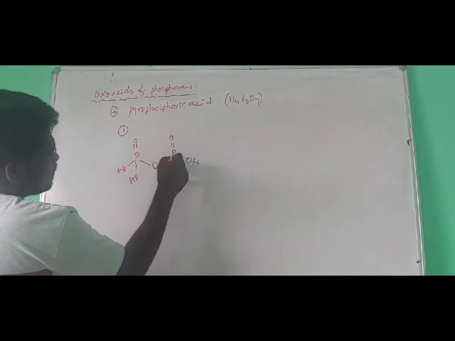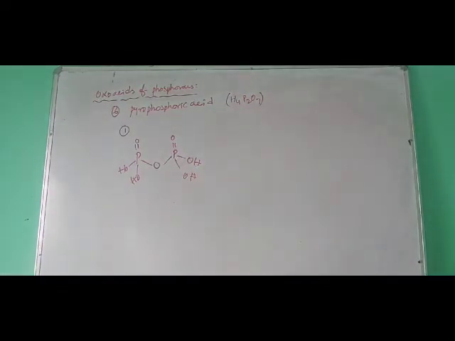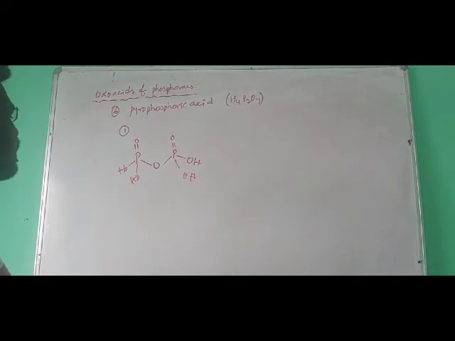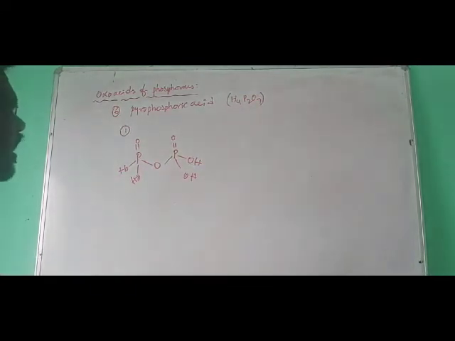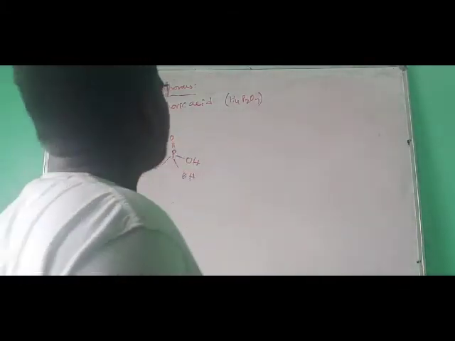Now guys, this is the structure of the H4P2O7 molecule. We count number of oxygens, how many? 1, 2, 3, 4, 5, 6, 7 oxygens are there, and 4 hydrogens are there, and 2 phosphorus atoms are present. So all the number of atoms are equal from the formula and structure.